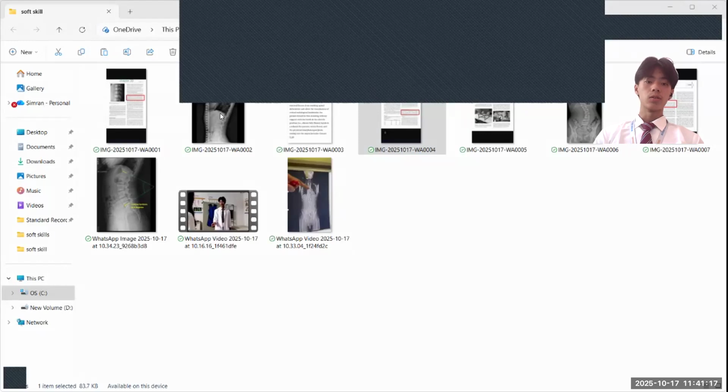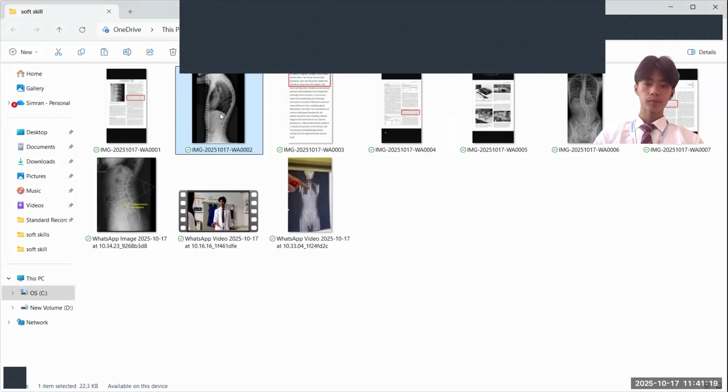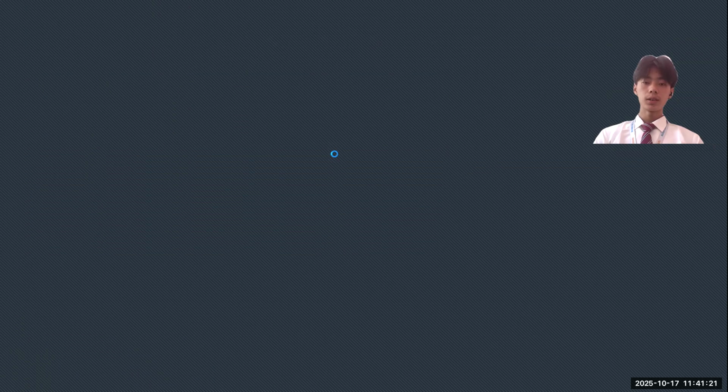So here we go. As you can see in this image, this is the lateral view of our upper spine. As we can see, there is a bump in the back.